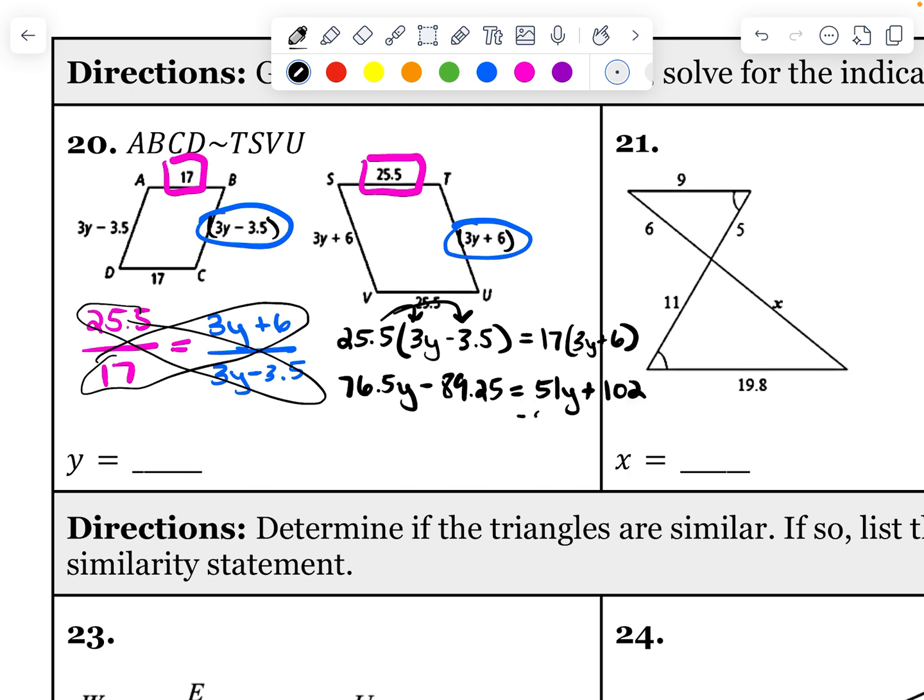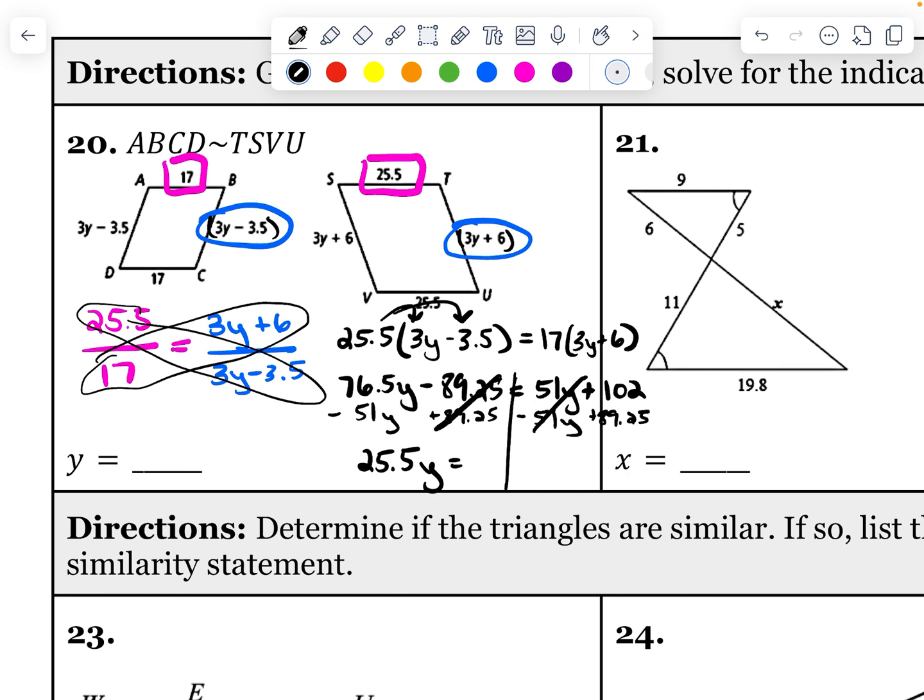I'm going to subtract 51y from both sides because I don't like negative numbers, and add 89.25 to both sides. So I'm doing two steps at once because I have already run out of space on this page. So that goes away. That goes away. So let's see, 76.5 minus 51 is 25.5y.